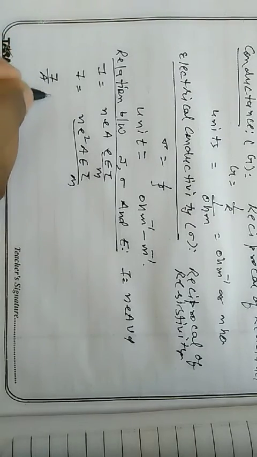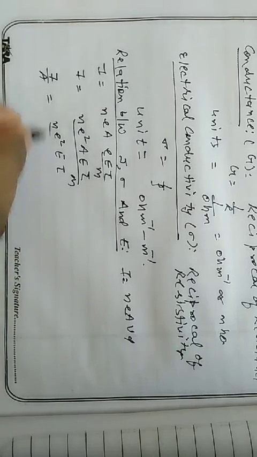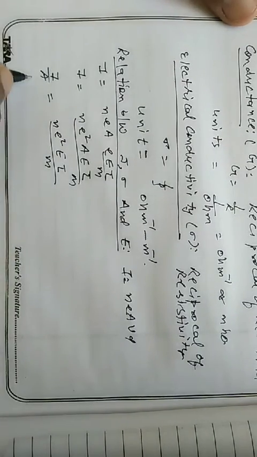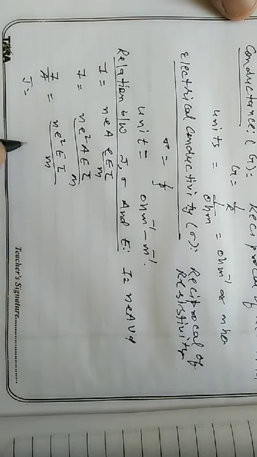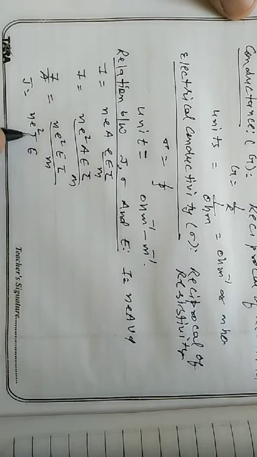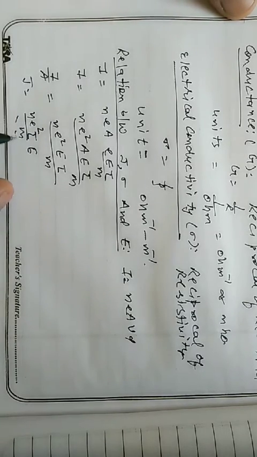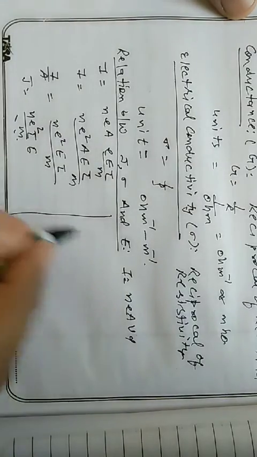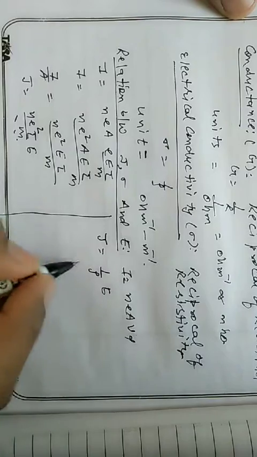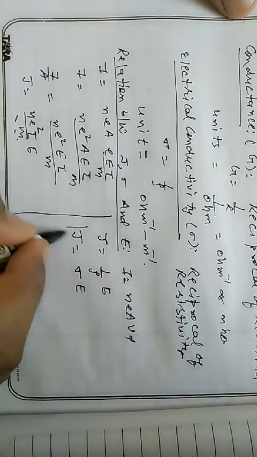Then I upon A is equal to J, that is n e square tau upon m times E. This factor n e square tau upon m is equal to 1 by rho, or we can say J is equal to 1 by rho into E. 1 by rho is equal to sigma. Therefore, J is equal to sigma into E.